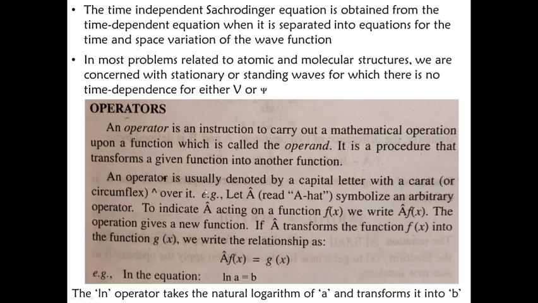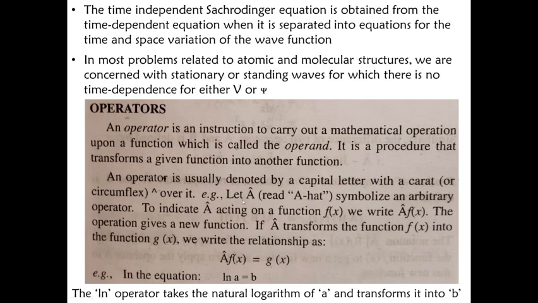The operator is usually denoted by a capital letter with a caret. Caret means circumflex, or it is just like a hat. We can say its symbol is like an open triangle, with the arrow part in the upward direction.